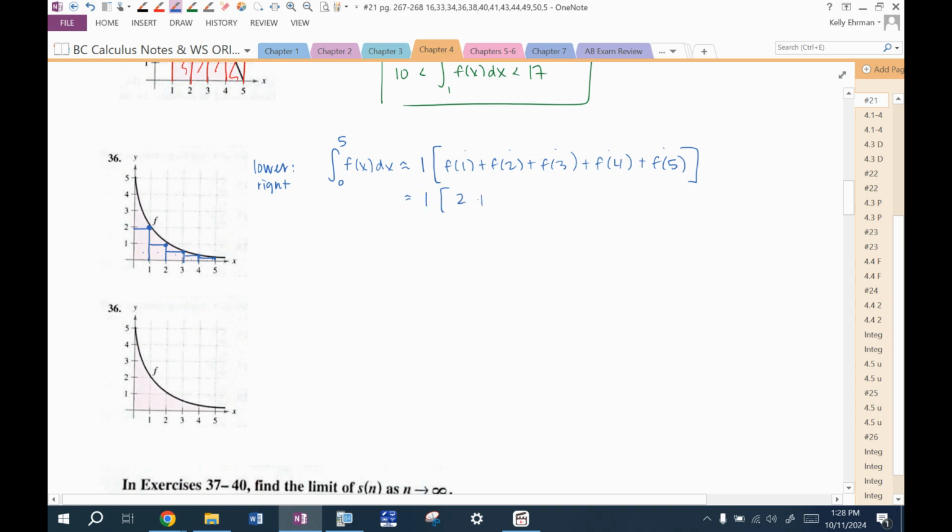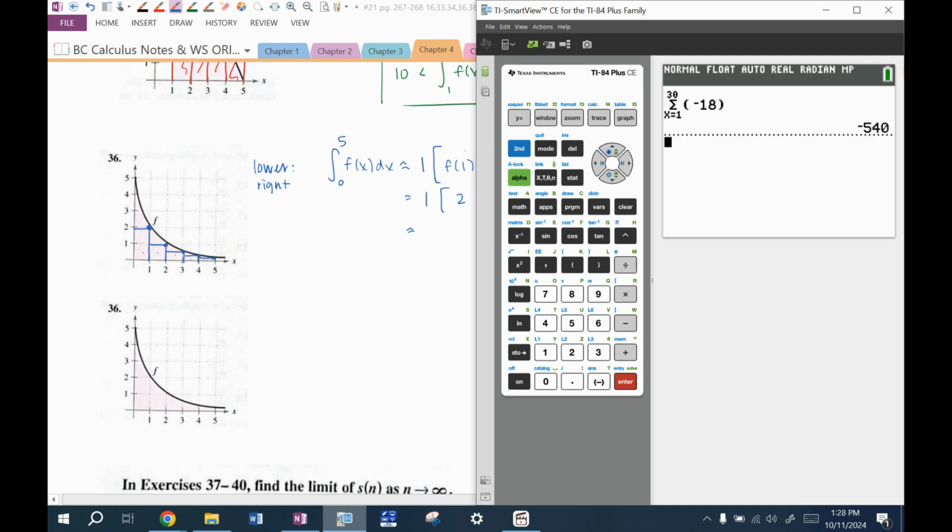All right, so this is 2 plus 1. And then let's estimate the rest of these. I think I did like 1/2, 1/4, and 1/8. You could have something slightly different there. That's okay. You might say this is more like 3/4, 1/2, whatever. And then this is 3.